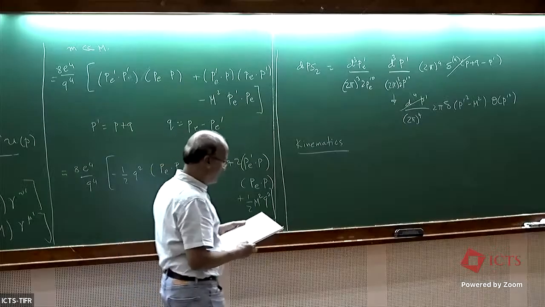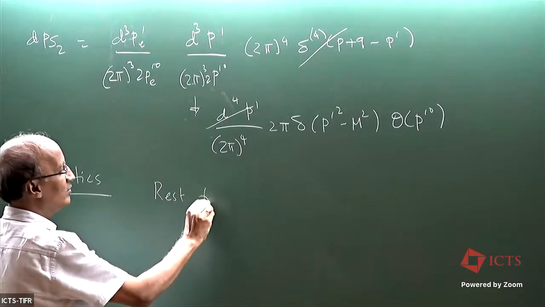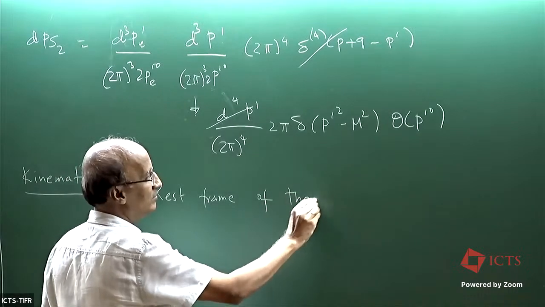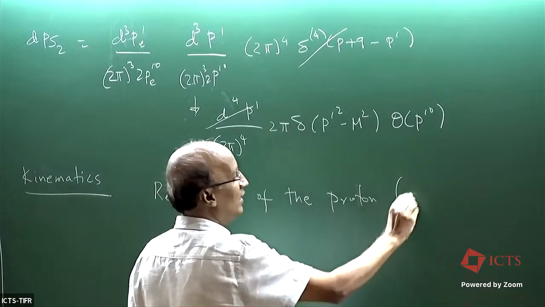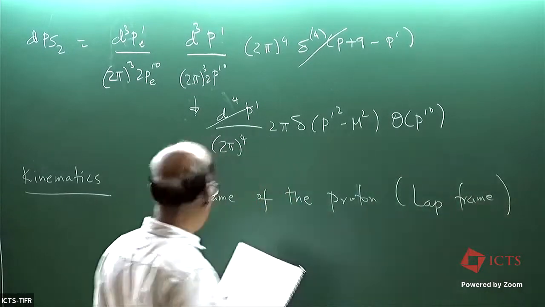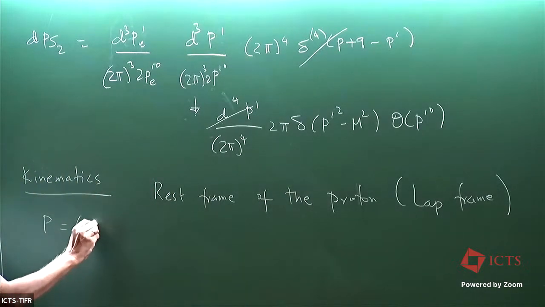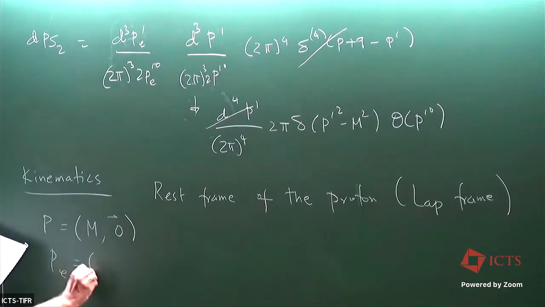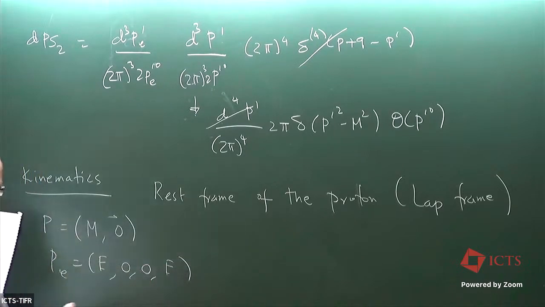So, simple kinematics: we work in the rest frame of the proton. It's also called the lab frame. If you do this, then you can parameterize the proton momentum p as (m, 0, 0, 0), and the incoming lepton momentum as (E, 0, 0, E). Very simple parameterization.